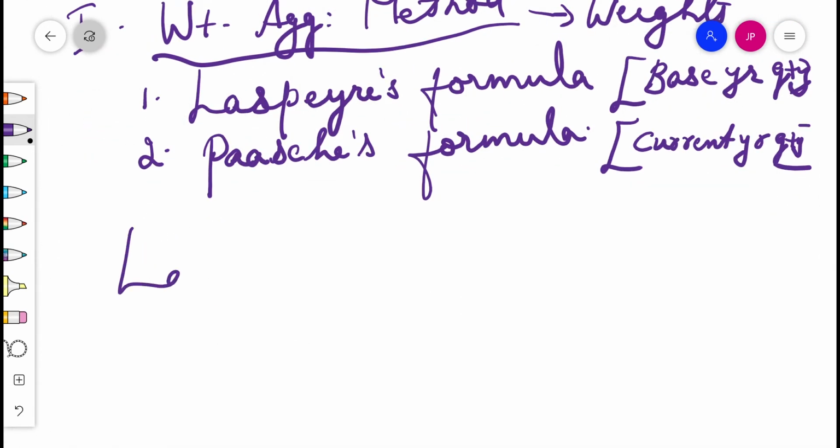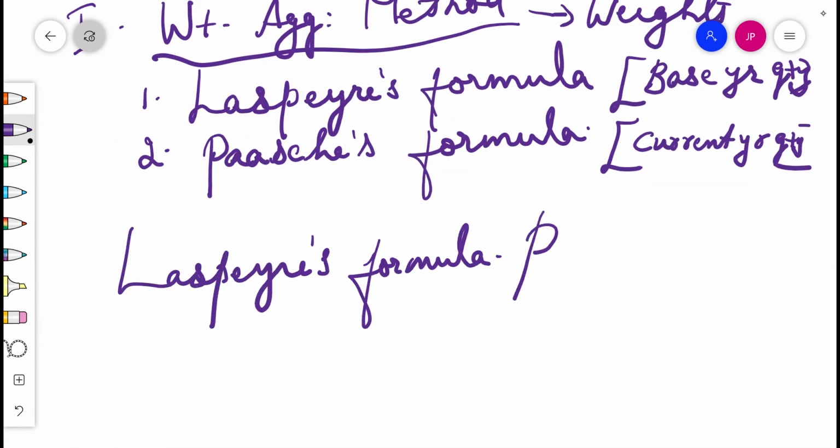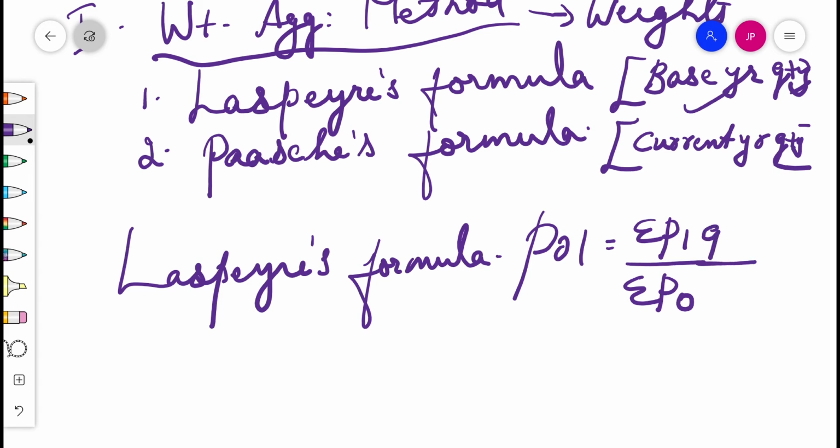The Laspeyres formula is P01 equal to, like the simple aggregate method, sigma P1 by sigma P0, where P0 is base. As base year quantities are considered, the base year is represented by Q0, Q0 in the numerator and denominator, into 100 outside.